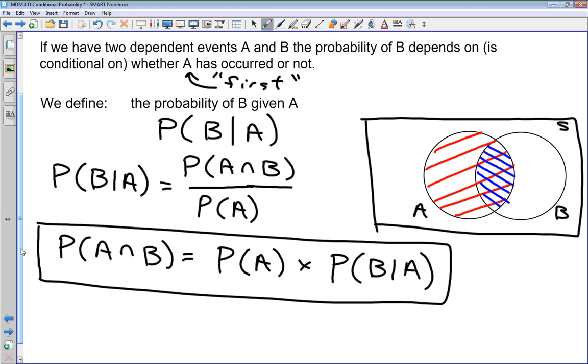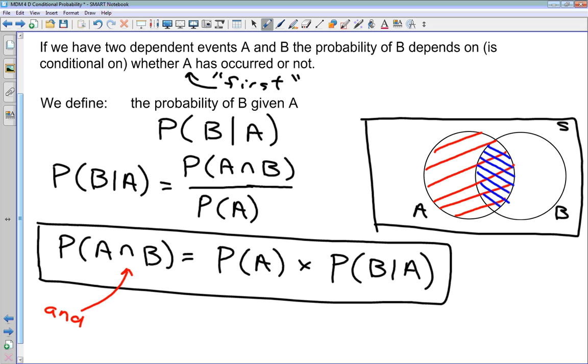Also notice that this is particularly important when we're looking at events involving the intersection, or A and B. So with mutually exclusive events, we are interested in when we're looking at OR events. With independent and dependent events, we're interested in looking at when both of these events occur.